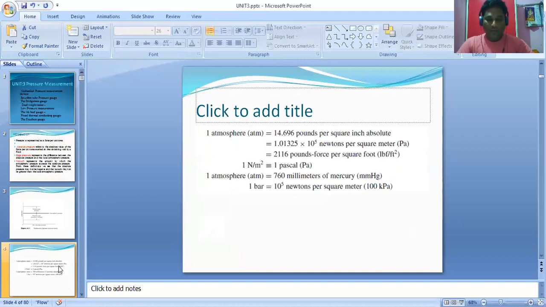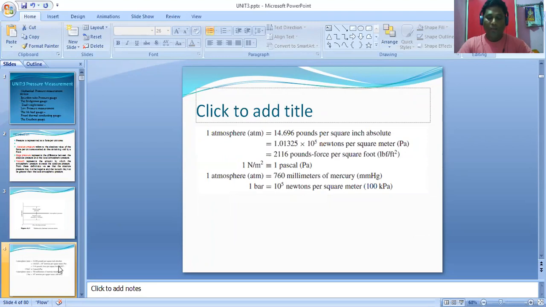Some parameters are important in pressure measurement devices, such as elevation, flow velocity, fluid density, and temperature.